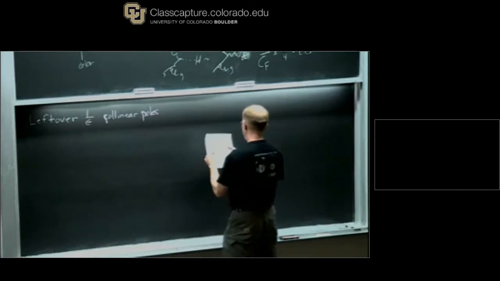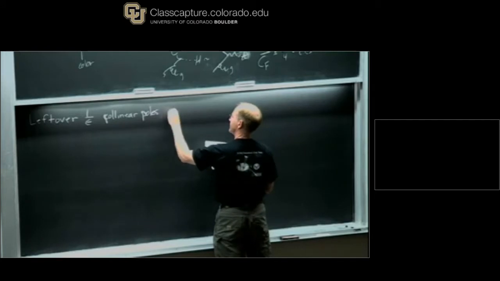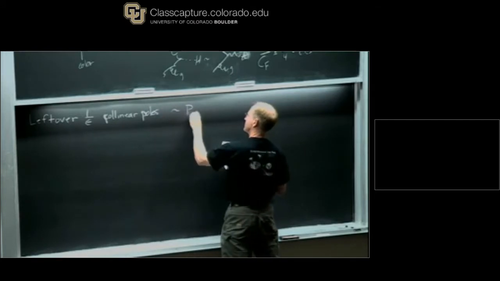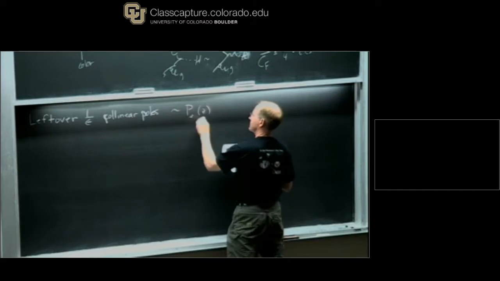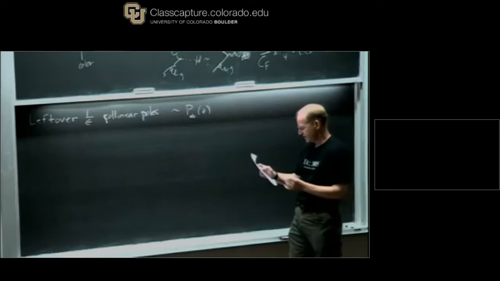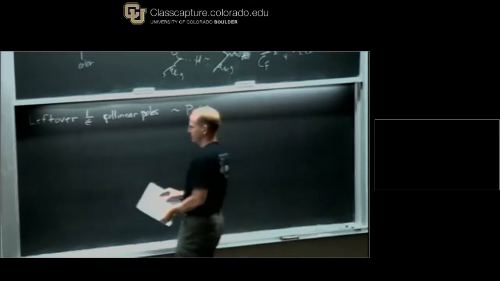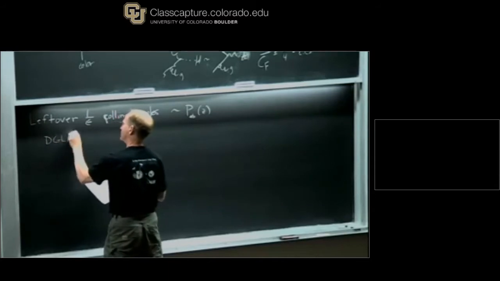And you find that they have a behavior proportional to various splitting kernels, which show up, called P_AB. And these are associated with the DGLAP equation.